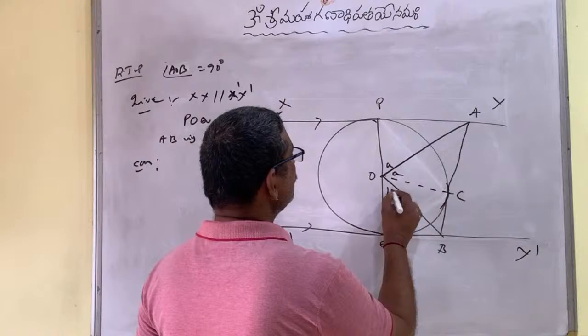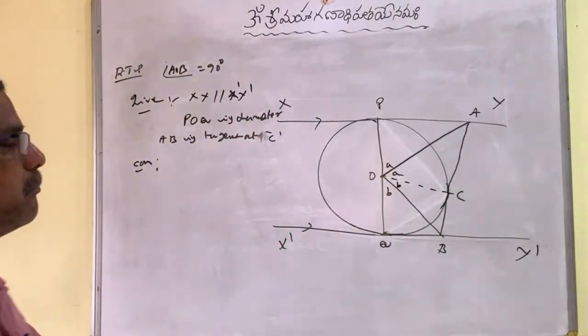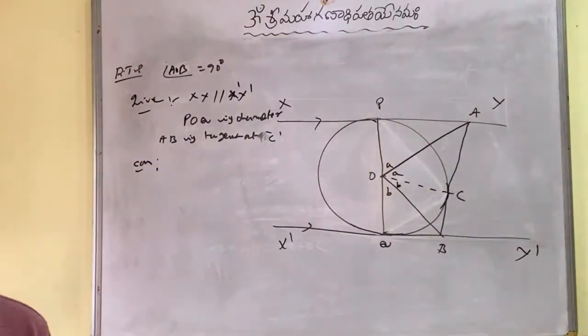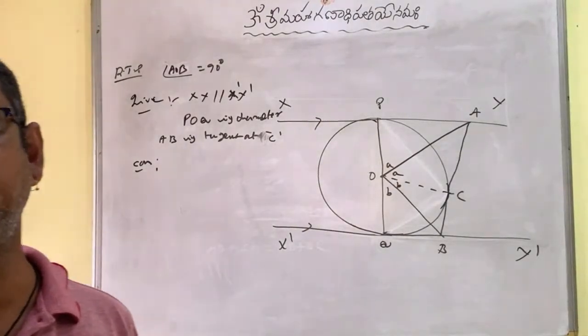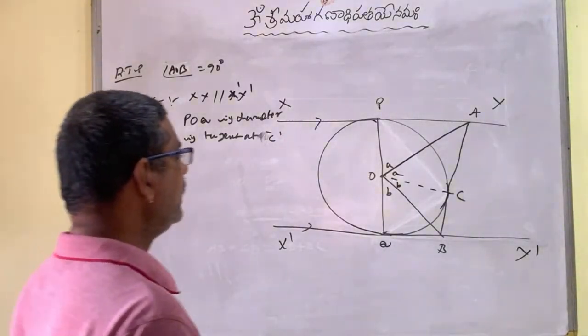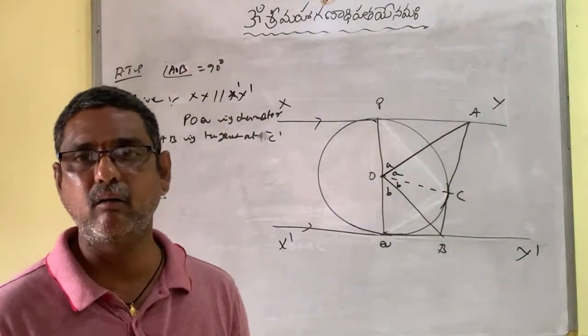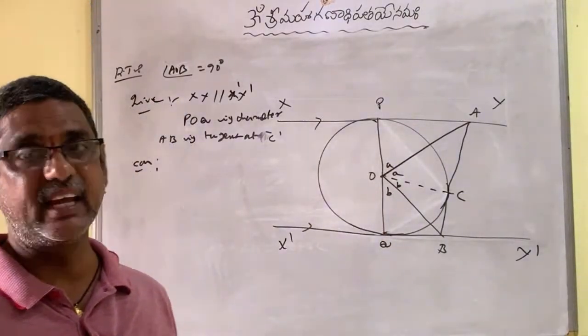CPCT, these two angles are equal. I am not writing all those because the board is not sufficient, but you can observe. By theorem 2 we are doing that one. Triangles BQO and BCO are congruent, so these two angles are equal by CPCT.